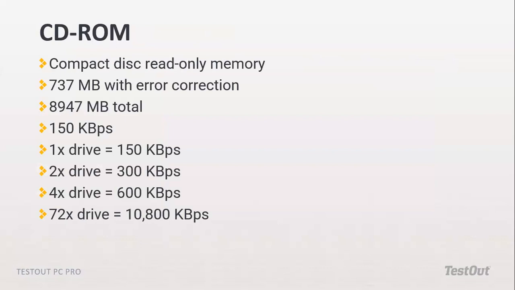It can read 150 kilobytes per second. So one drive speed is equal to 150 kilobytes per second. Two will be 300 kilobytes per second, and so on.